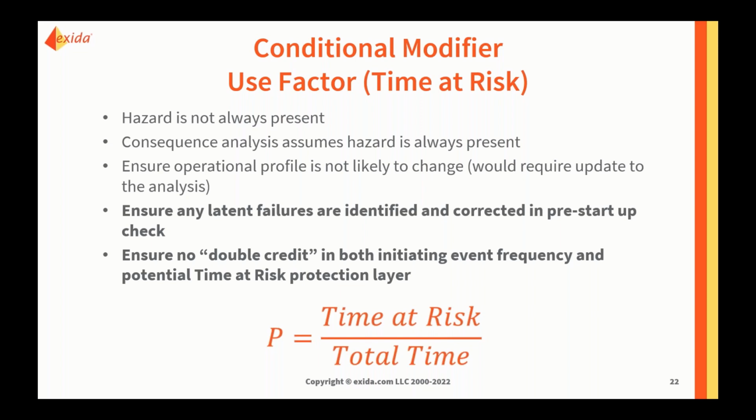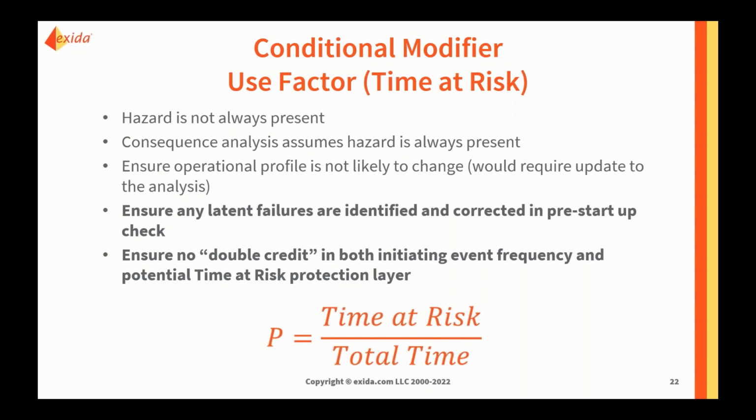And if those failures are identified during a pre-start check, they can be corrected outside of operation, and those failures can be eliminated before operation and thus have their risk managed accordingly. Now, unfortunately, those pre-start checks are not always done, and we sometimes find ourselves taking incorrect credit for time at use if we don't have some sort of pre-start check.